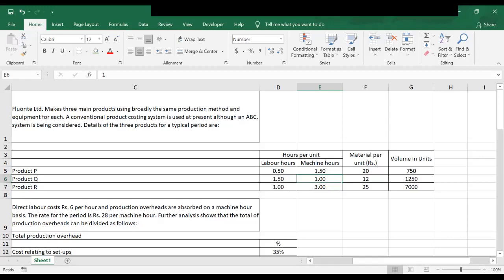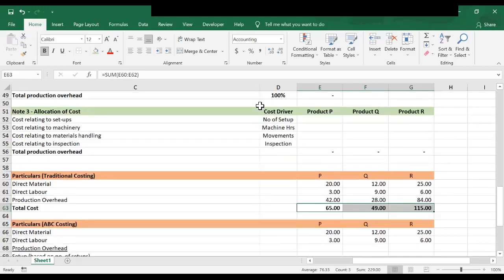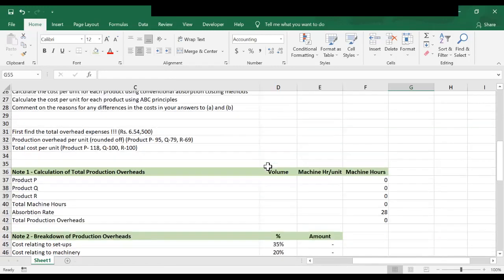So we'll directly multiply 28 into 1.5, 28 into 1, 28 into 3. That's how you'll get the figures of 42, 28, 84, and if you add these up, you'll get these amounts. I hope this part is really simple, and you shouldn't be facing too much problem, and you can see the answer is also telling.